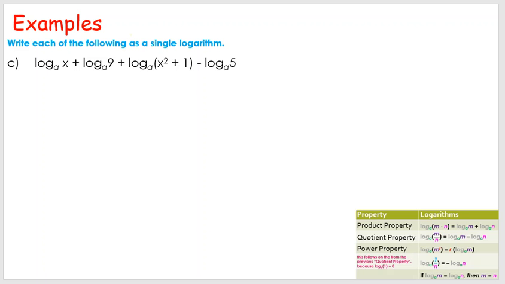So I'm going to go ahead, and if I look right here, I'm just kind of grouping these. That right there is an addition, and I can rewrite that as a multiplication. So I have log base A, and then 9 times x is 9x.